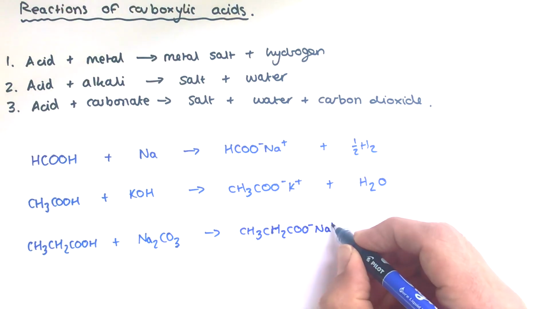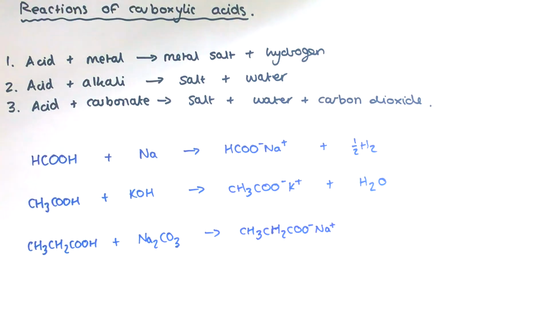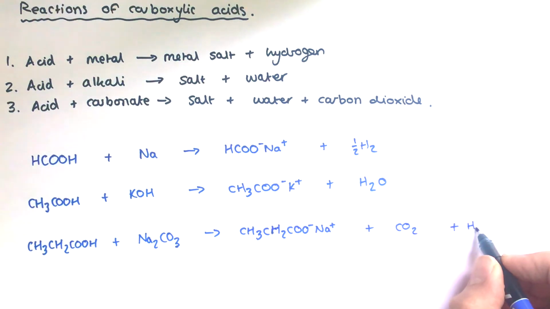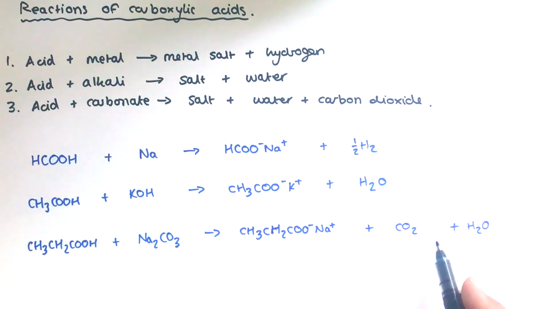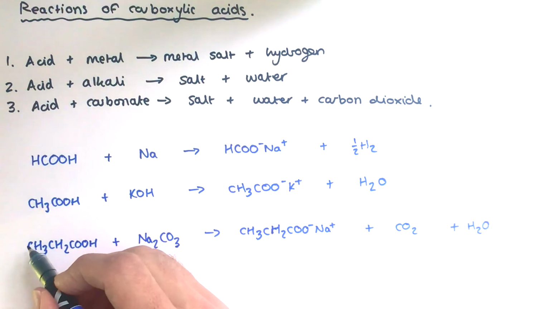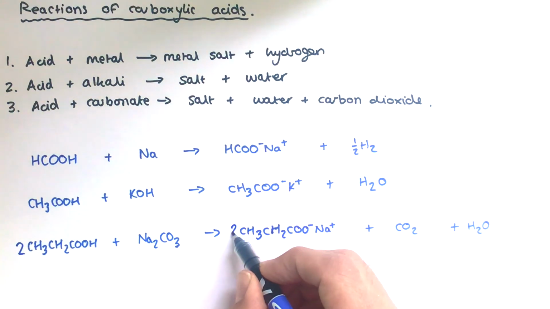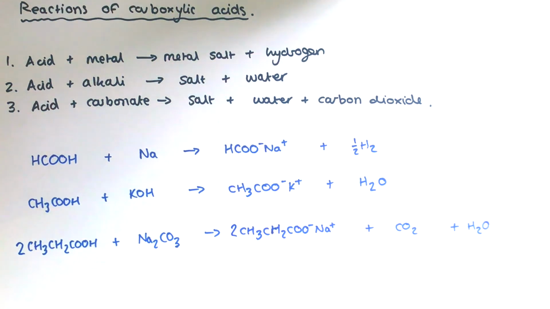We'll have a sodium ion that's attracted here to that negative charge, and we also need to make some carbon dioxide and water out of this reaction. So for this, you'll see some effervescence because you've got carbon dioxide gas being produced. Need to just ensure that we've balanced our equation as well. So we need 2 of these, and we're going to need 2 of these to make sure everything's balanced across the whole thing.